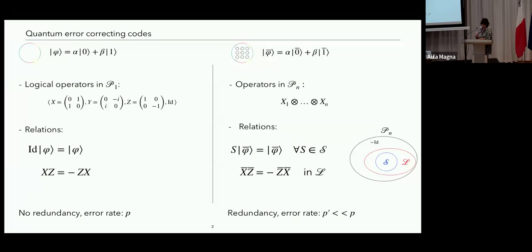And what we look for is to find, again, the same relationship that we had before. So we're going to look at operators in Pn, the Pauli group on n elements, that is given by the tensor product of Paulis. And we're going to define operators that give us the same relationship as the identity and the anticommuting relationship between X and Z. So for the identity, we're going to take a commutative subgroup of the Pauli group, the stabilizer group, here in blue, and we are going to take all the states that are invariant under the action.